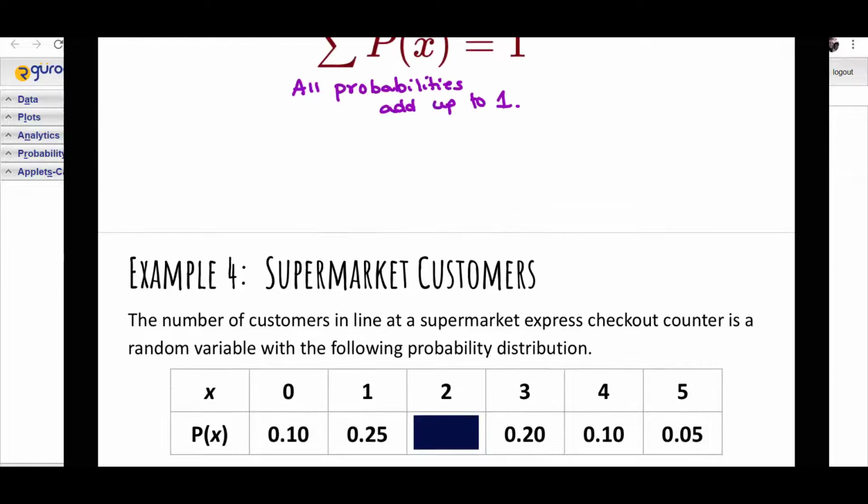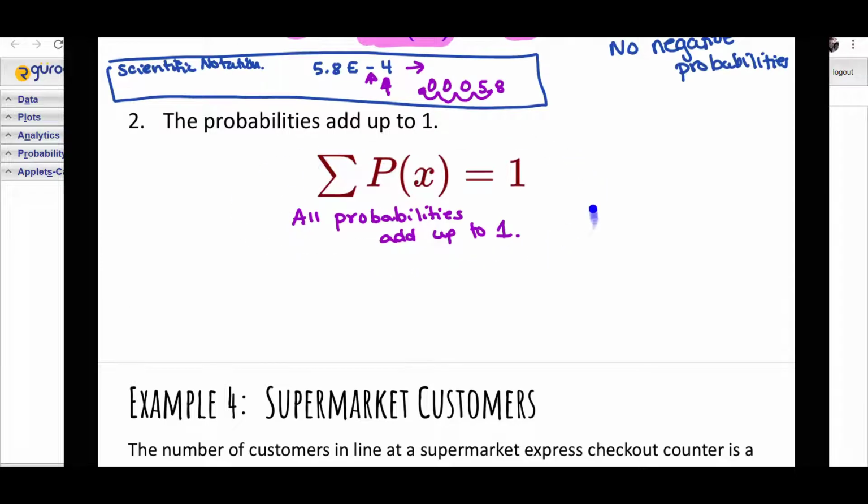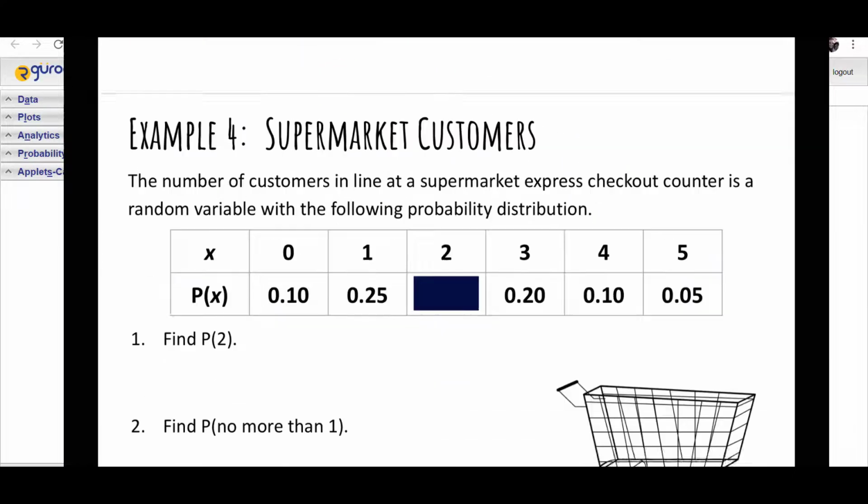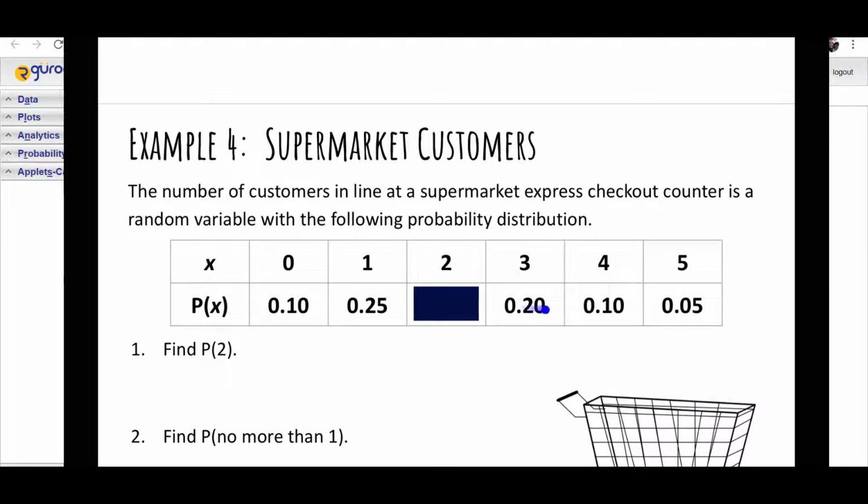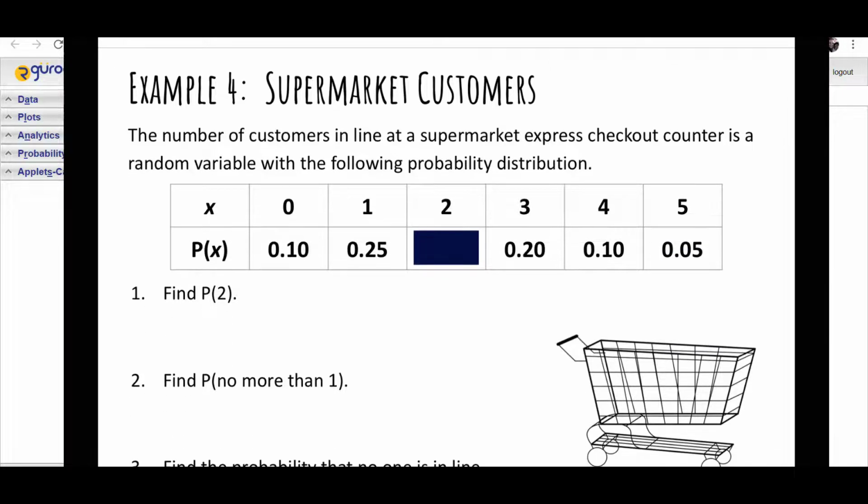So how can we do that? Well, we can use the fact that we know they add up to be 1. If all of these are supposed to add up to be 1, we can add these together, see how much we have, and subtract it from 1 to figure out what the probability of 2 should be. So we're going to add 0.10 plus 0.25 plus 0.20 plus 0.10 plus 0.05.